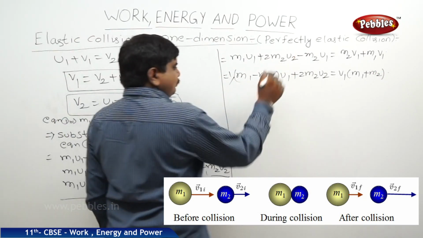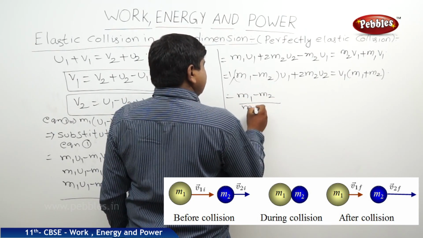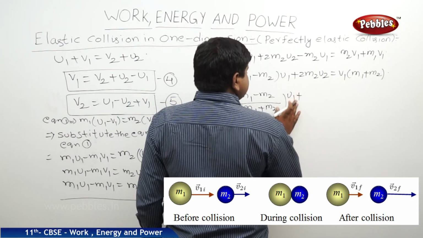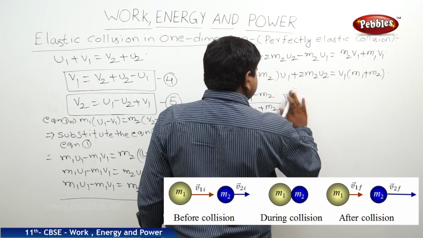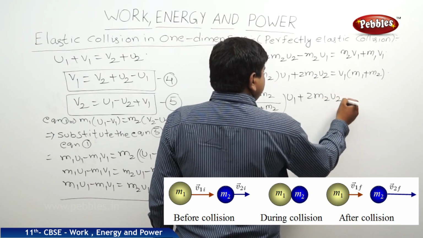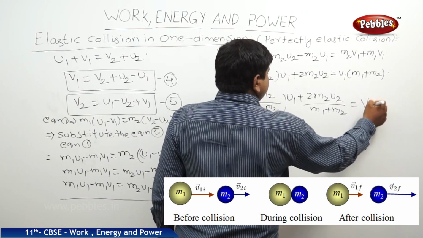So if we keep v1 on one side, this equation will be (m1 minus m2) by (m1 plus m2) of u1 plus 2 m2 u2 by (m1 plus m2) is equal to v1.